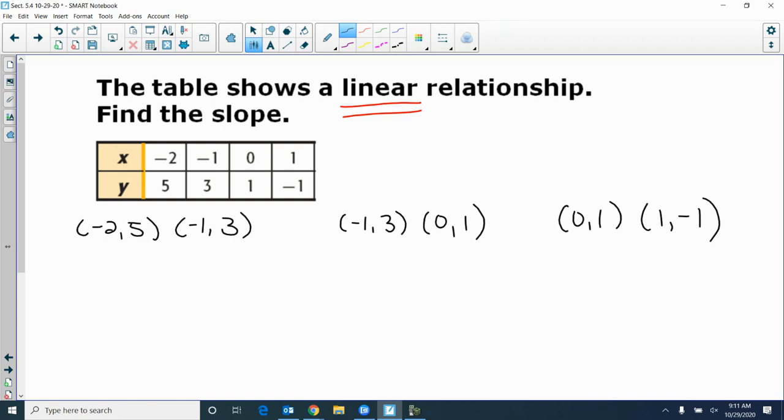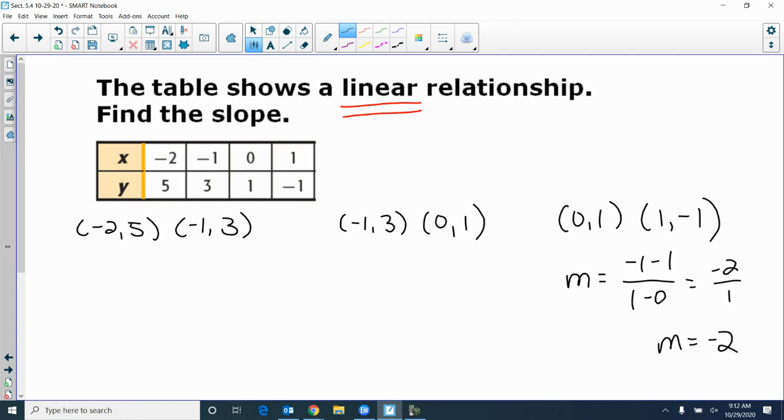Alright, what'd you guys get for your final answer? You got -1? Mr. Schlur has 2 over -1. So what's the final answer? -1 minus 1 over 1 minus 0 is -2 over 1.